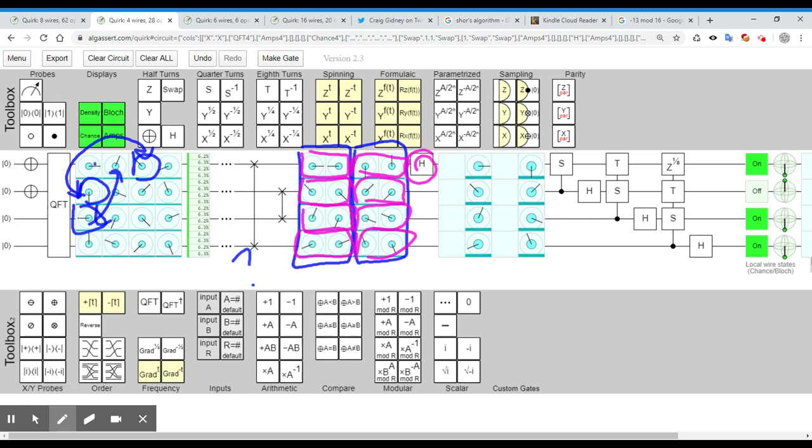This one stays. This one is this one. Okay. And then 0101 would be 1010. So here these diagonal elements get exchanged.